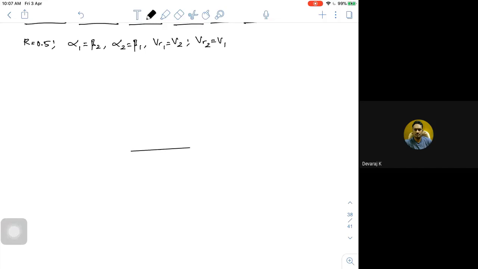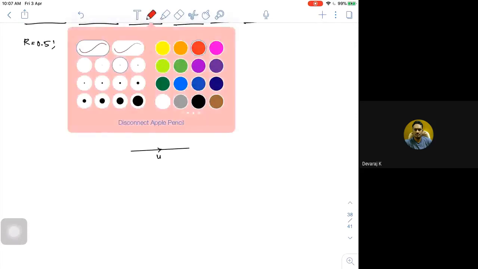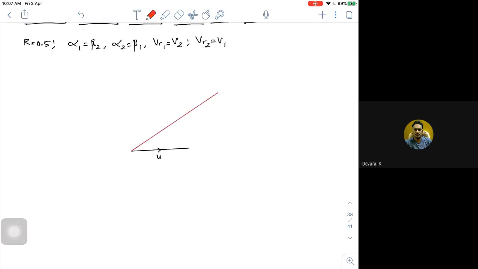This is my U, and I can have the corresponding velocity.